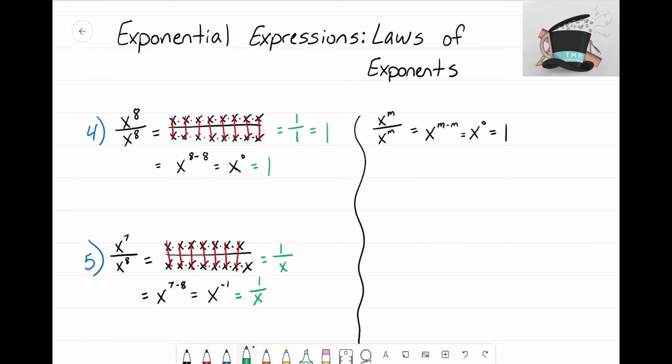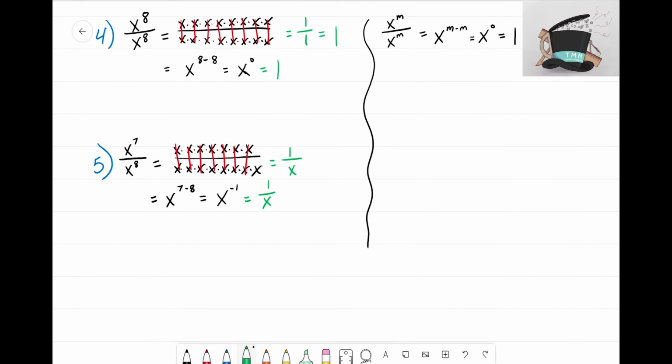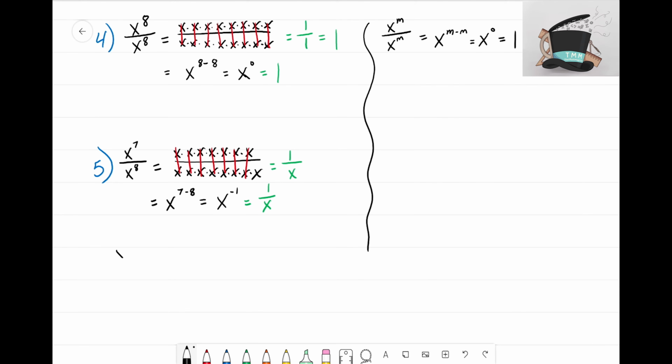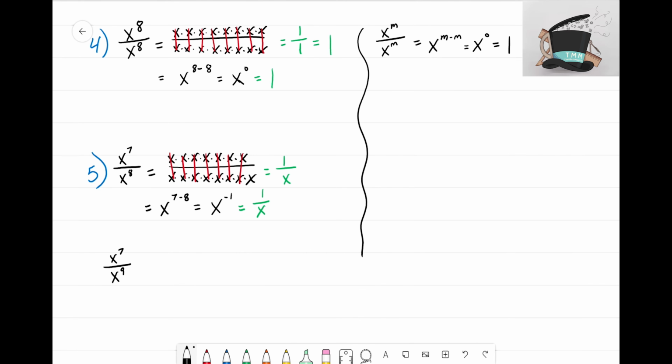Okay, let's do one more example. Let's think about this again. What if I look at x to the 7th power over x to the 9th power? Again, I want to think about our law of exponents. I'm just supposed to take the 7 minus the 9, and 7 minus 9 makes negative 2.